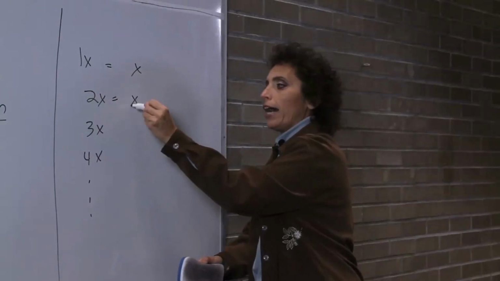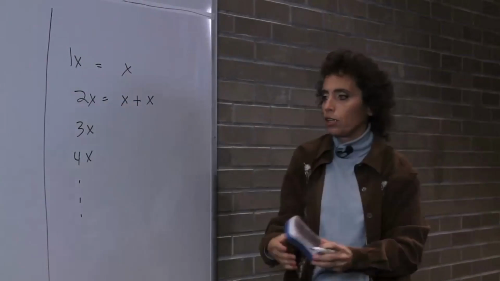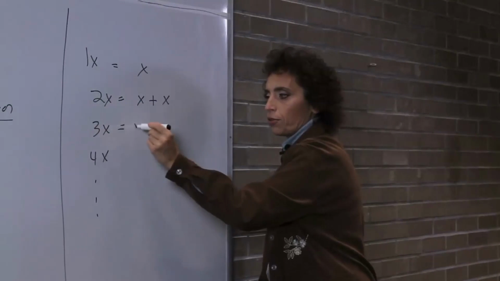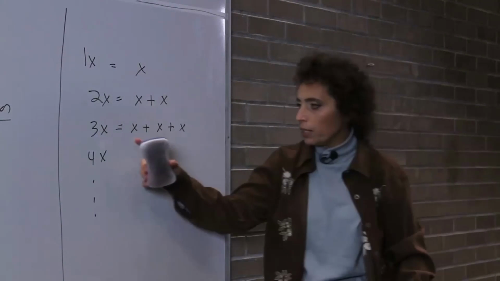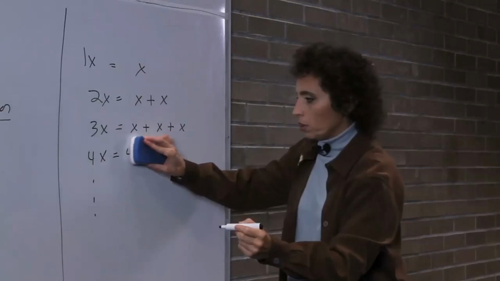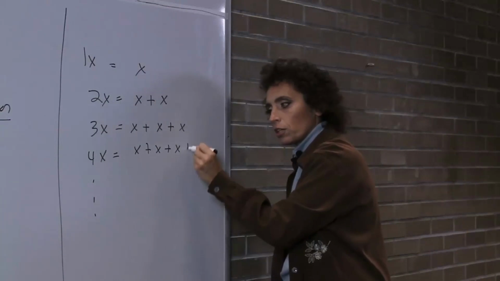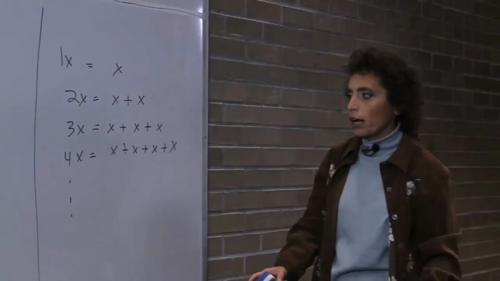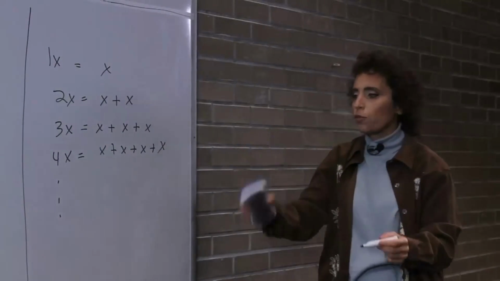This really means x plus x, because remember, repeated addition is multiplication. 3x are 3 x's, because remember, repeated addition is multiplication, and same for this. x plus x plus x plus x. So there's your 4x.